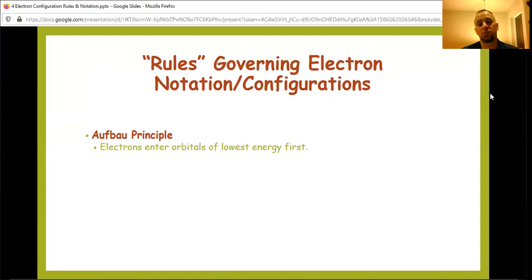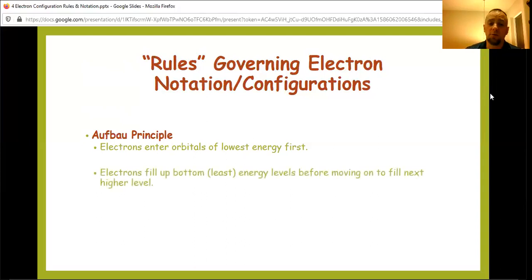Those electrons want to hold the least amount of energy possible, so they're going to fill the orbitals that are lowest energy first. It'll fill up from the bottom, that lower energy level, before moving to fill the next higher energy level.